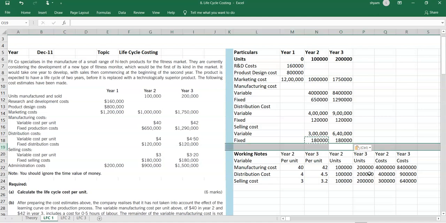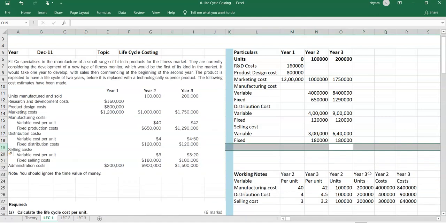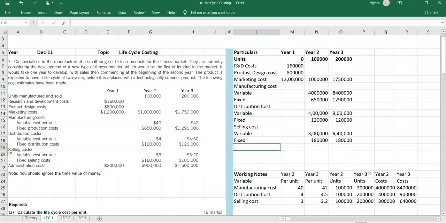And finally we have manufacturing cost. Sorry, we have administration cost. So administration cost we have for year 1 itself, that's 2 lakhs, then 9 lakhs, then 15 lakhs.